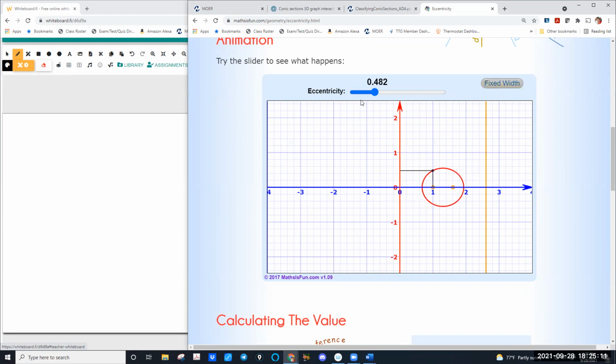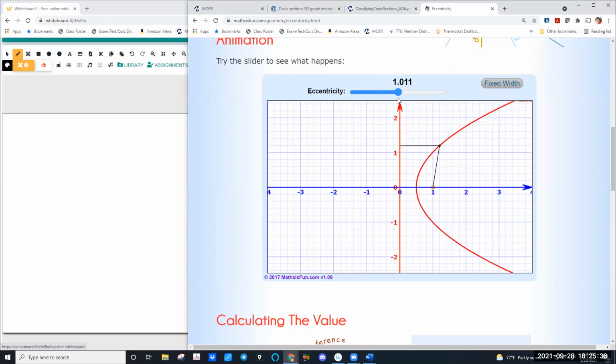Now let's go back to the non-fixed width. You can see it a little better what happens. Watch what happens as the eccentricity gets higher. It gets more elongated, which is what I was trying to show with the hyperbola, but I think you'll see it better here. We keep getting longer and longer, and eventually, still an ellipse.